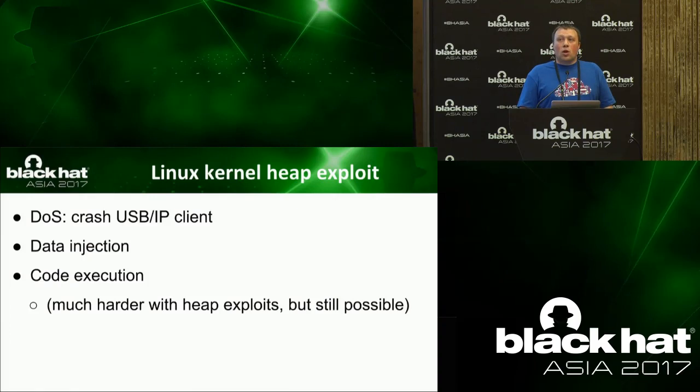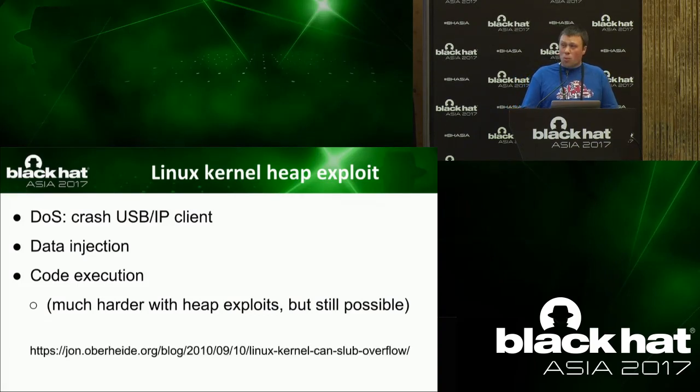I will not go into detail on how to do that, but you can actually reuse any previous kernel heap vulnerabilities. Some of them have very detailed explanations of how to achieve a meaningful result with data injection or code execution. One particular example is this blog post.